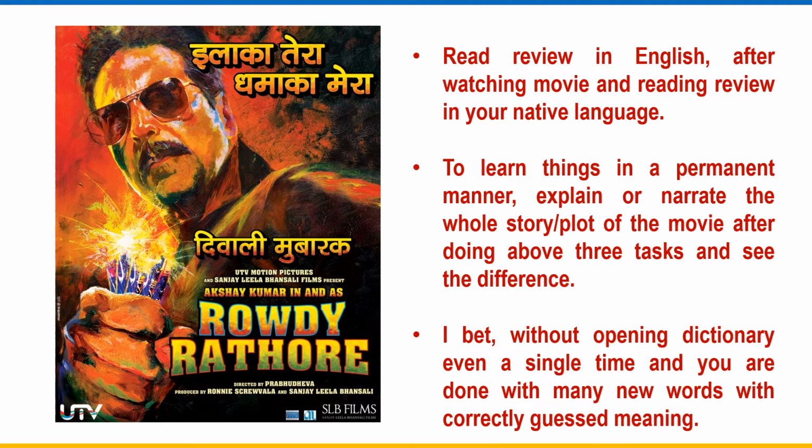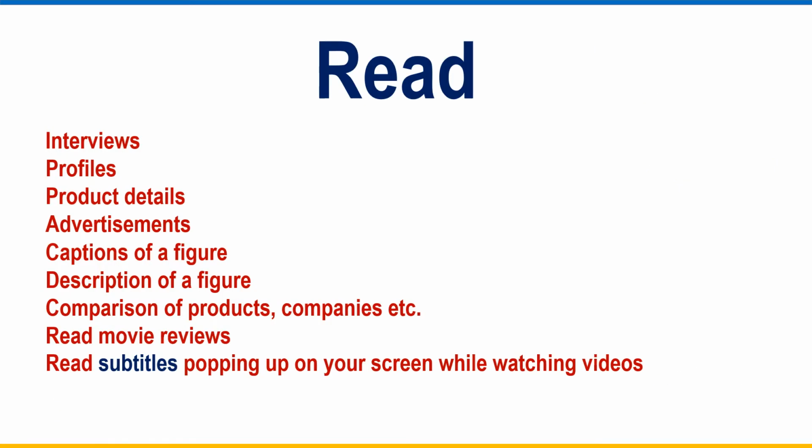Try to get time to read all the things on walls, public areas, from left top corner to right side bottom. Read all the things. Why? To learn, to enrich vocabulary in an easier manner. Easier means without opening dictionary again and again.